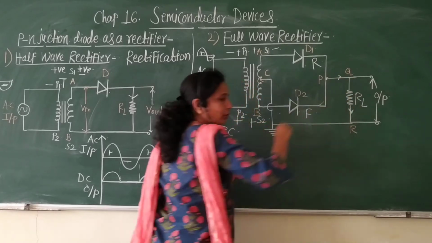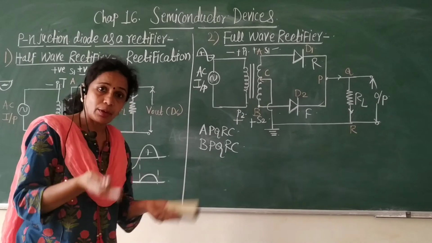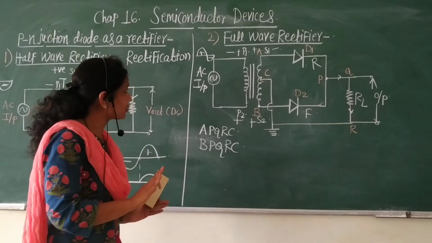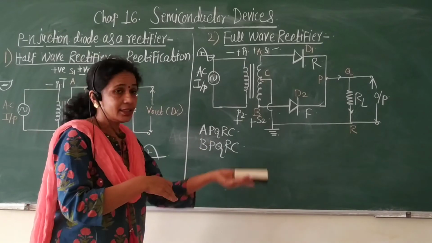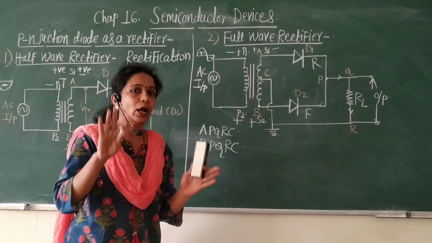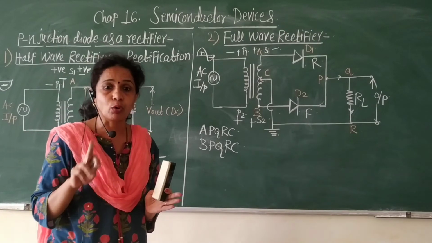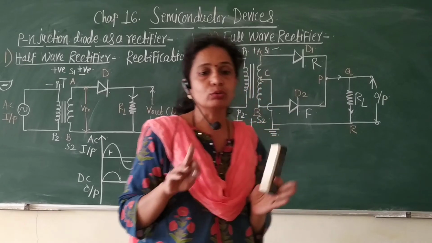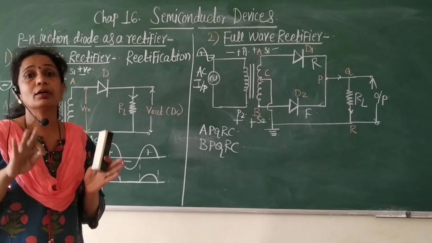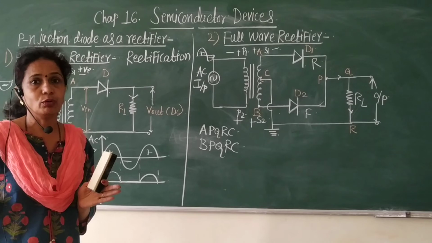That means in this way the current is going to flow. So for the positive half cycle D1 is forward biased, D2 is reverse biased. During the negative half cycle, D1 is reverse biased, D2 is forward biased. That means in every half cycle, one diode always remains forward biased. Therefore, the current flows through the load resistance in the same direction during both cycles. In both cycles, the current flows.